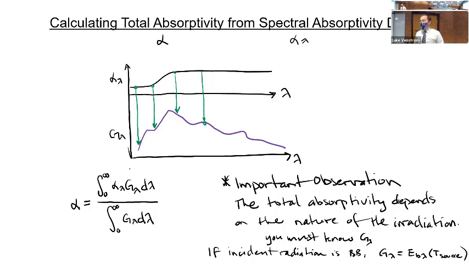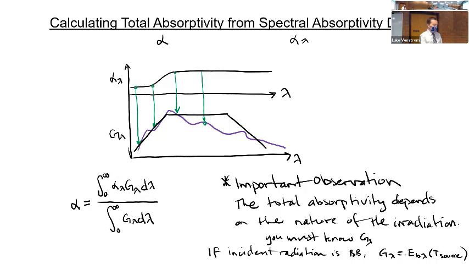So it's complicated to do the calculation unless G sub lambda is some super simplified function, right? If G sub lambda is some easy to deal with function, then no problem, you can do these integrals no problem. But if it's not, then you hope and pray that the incoming radiation is black body radiation.